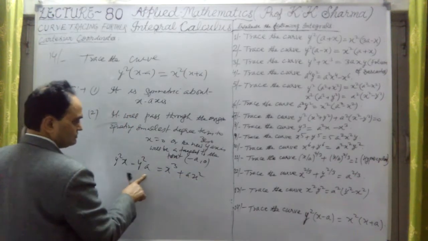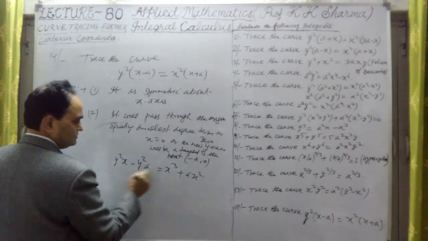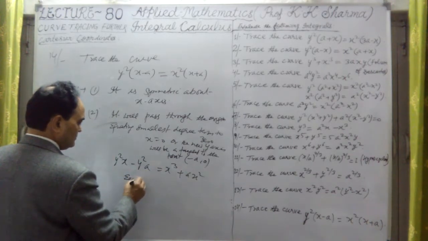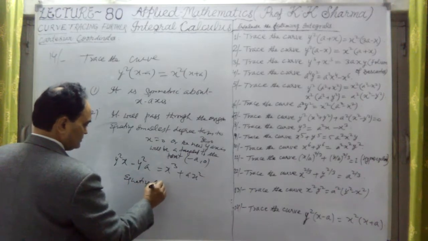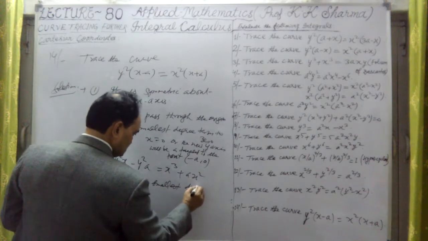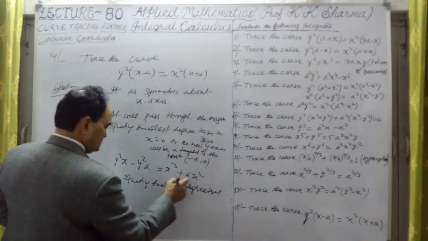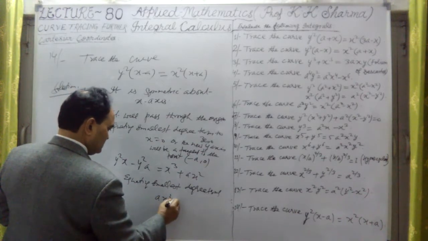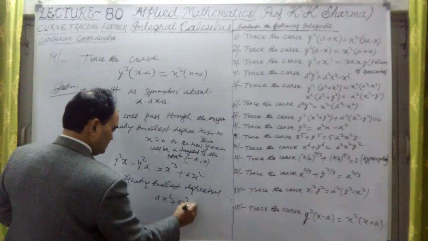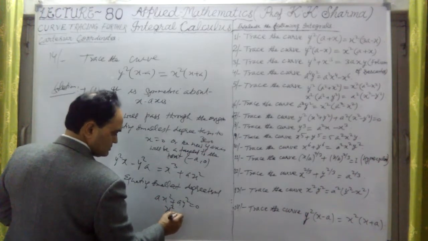If I equate this by square x square that side, equating the smallest degree terms here also, that will give us a x square plus a y square equal to 0, or x square equal to minus y square.